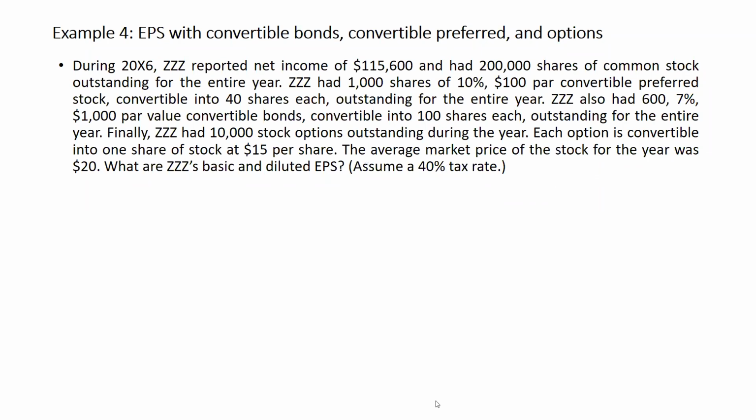Now we need to divide this into two parts. First, we will calculate the change in net income, and second, the change in the common shares. And then we can easily calculate diluted EPS. I don't need to calculate the basic EPS again, but I will start with the effect on common shares.